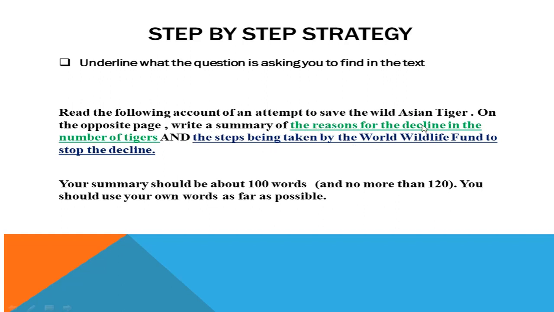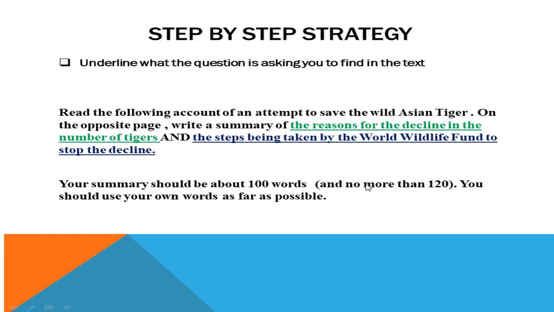If you want, you can give some codes like RD for reason for decline, and another one is steps taken by the World Wildlife Fund. In that case, you can write SW, steps taken by World Wildlife Fund, like that code you can give. And under this code, you can collect the points. So these are the basic things, and you should not write anything else.